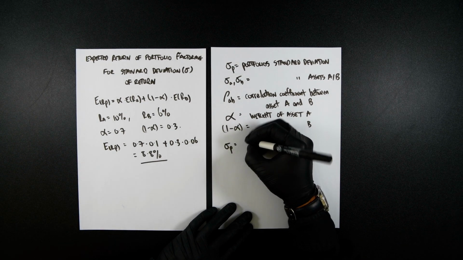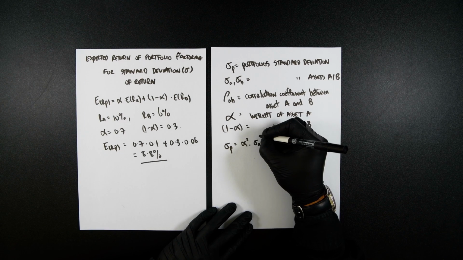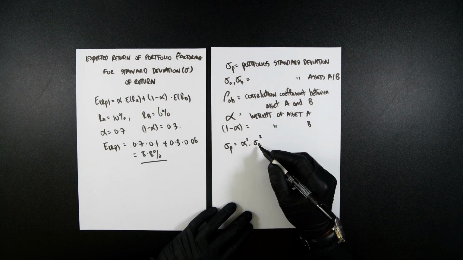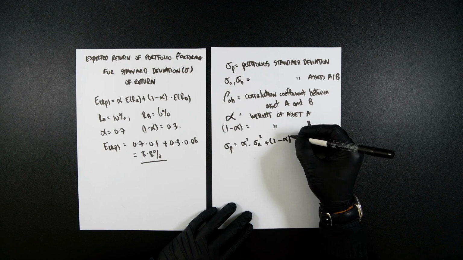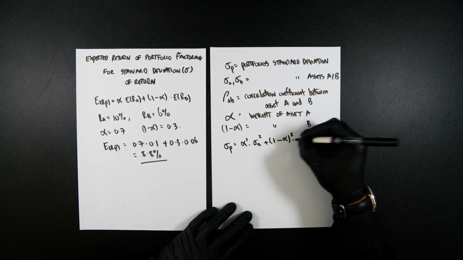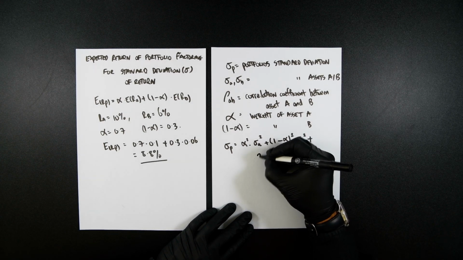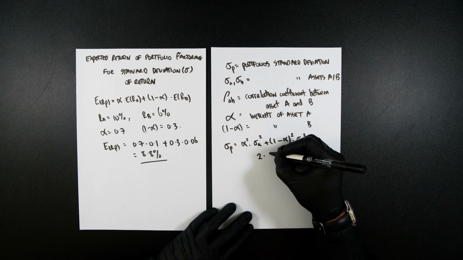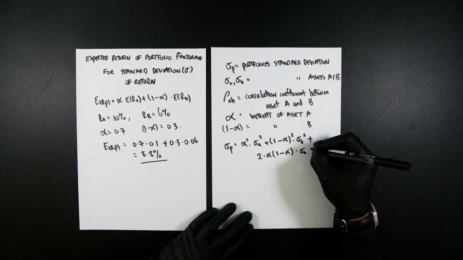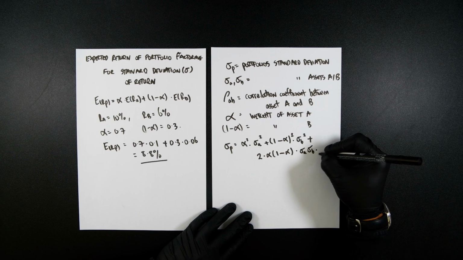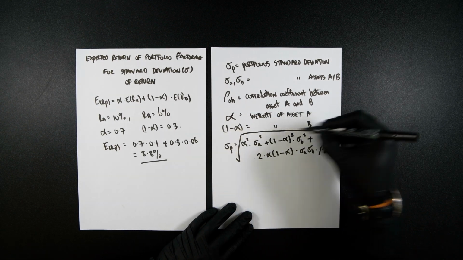Sigma P equals reverse fish squared times the standard deviation of asset A squared, plus 1 minus reverse fish, squared, times sigma B squared, plus 2 times reverse fish times 1 minus reverse fish times sigma A times sigma B times rho AB, and all of this is square rooted.